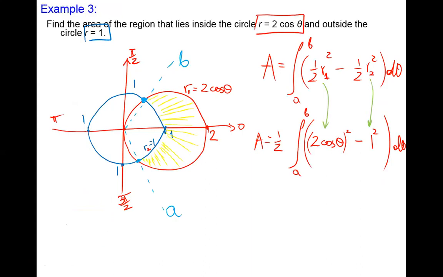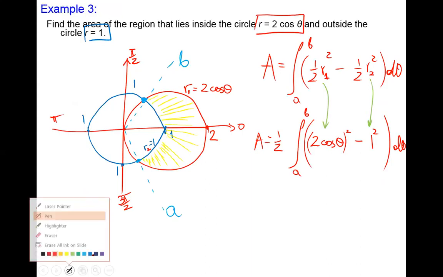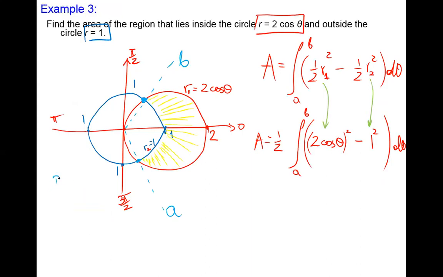Probably this one we can't easily guess, but we can compute the points of intersection, not points of integration. The first one must be the same as the second one: 2 cosine theta equals 1.